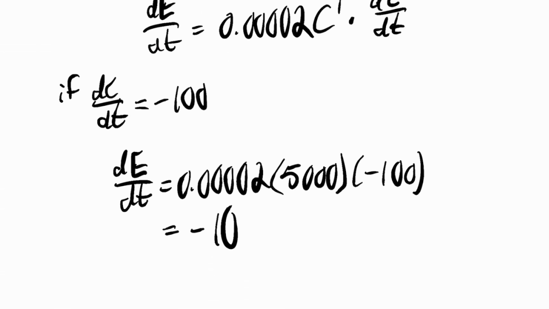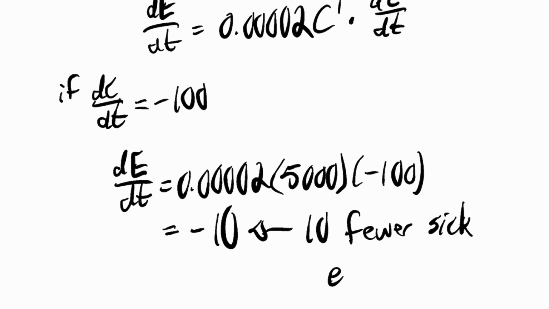What that represents is the following day, 10 fewer sick employees. So if you just reduce the number of customers coming in by just 100, from 5,000 down to 4,900, you'll go from 50 employees who become ill down to 40, down by 10.